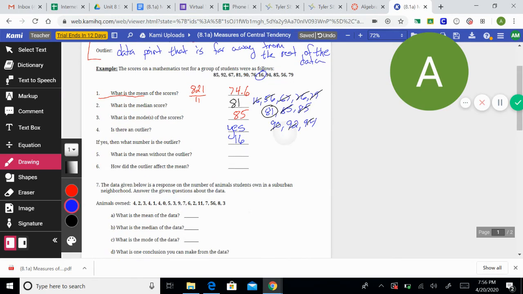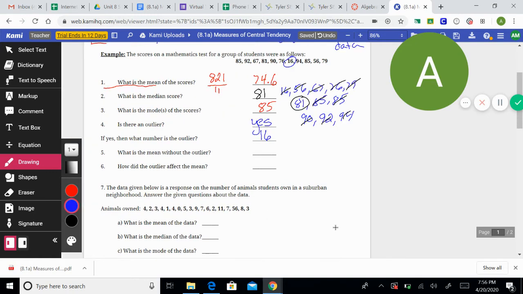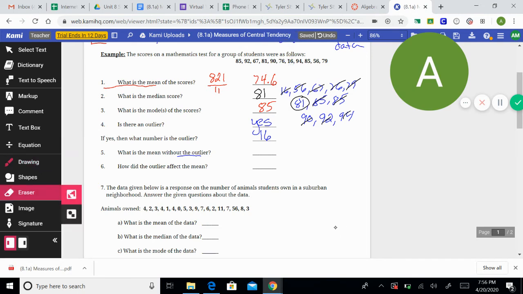Now, we're going to find the mean without the outlier. Okay, so that means all we're going to do is add all of our data points up again and divide them by the number of data points, but this time we're going to pretend the 16 isn't there.